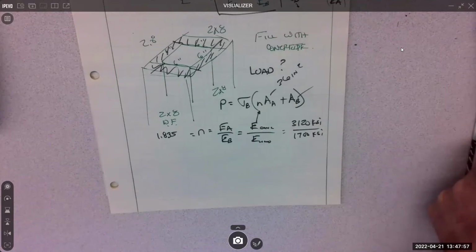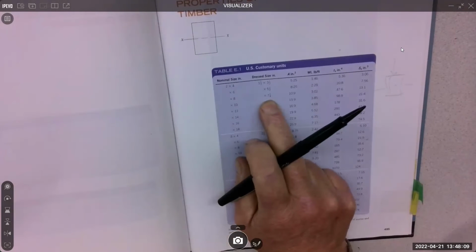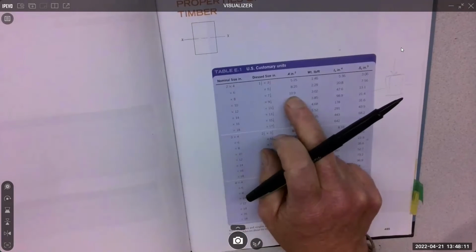Page 495. Two by 8, area 10.9 inches squared.